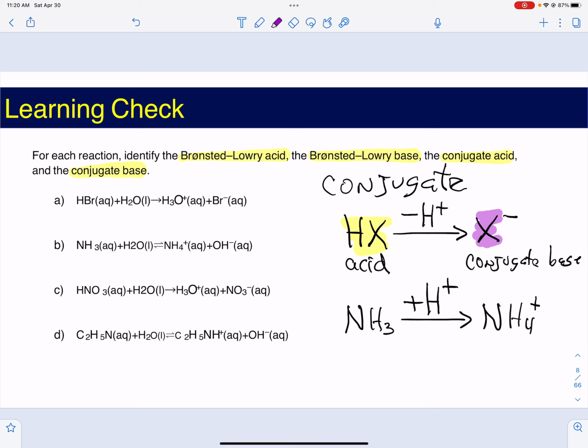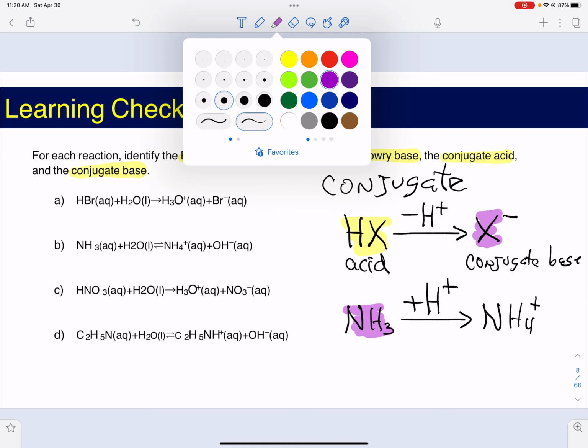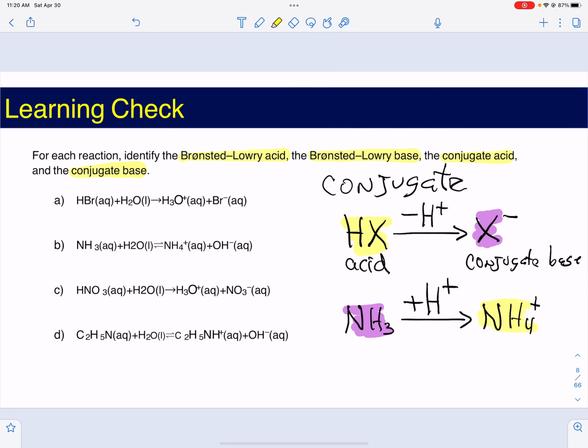So this will be my base, and this will be my conjugate acid. So you can summarize that by saying a base always produces a conjugate acid, and an acid always produces a conjugate base. Since you know that the acid loses the hydrogen, whatever remains is the conjugate base. Since you know that the base gains a hydrogen or a proton, whatever you make is your conjugate acid.